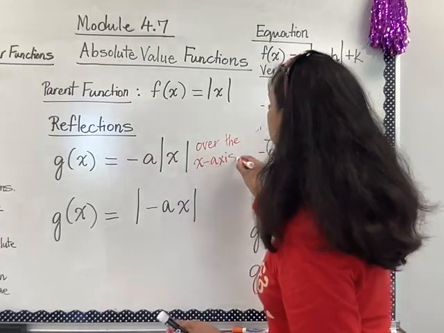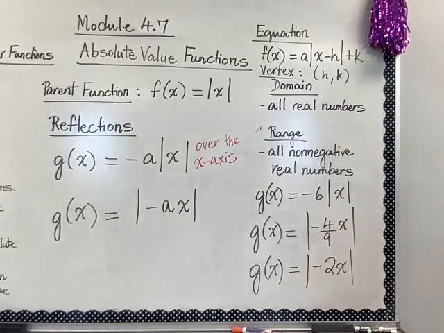And I also need to realize that when I have a graph like this, it's going to be flipped upside down compared to a of x. What I mean by flipped upside down is that they are symmetric about the x-axis.